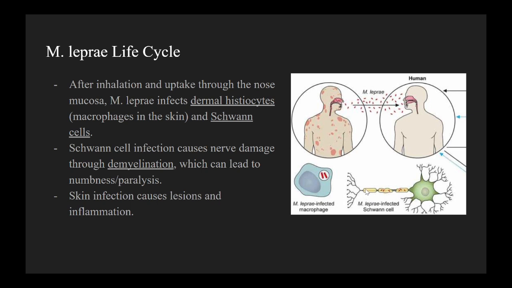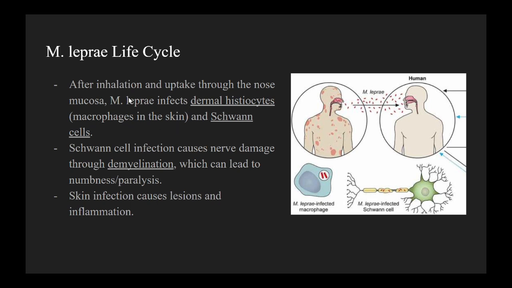Essentially, these are cells that surround the neuron and help the electrical signal travel along to the next cell really fast in what's called saltatory conduction. That's not important. Essentially, these help the signal go really fast within your nervous system, and these are called Schwann cells. And it can also infect dermal histiocytes. These are macrophages. Macrophages are just a type of immune cell that do phagocytosis, where they swallow up the bacteria and break them down. And these are the macrophages that are located within the skin.